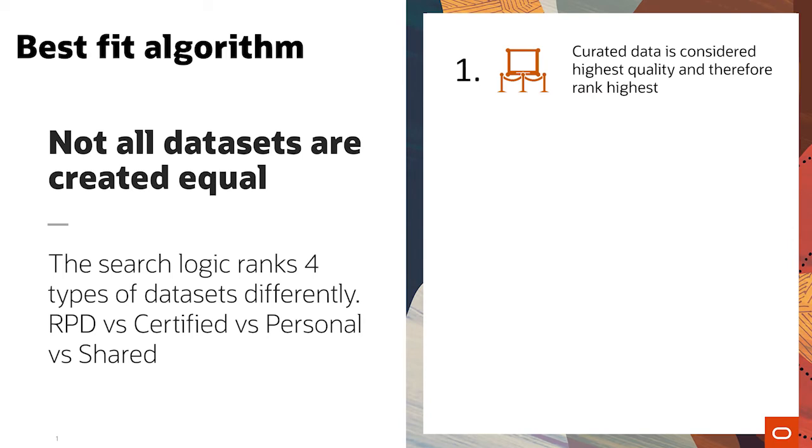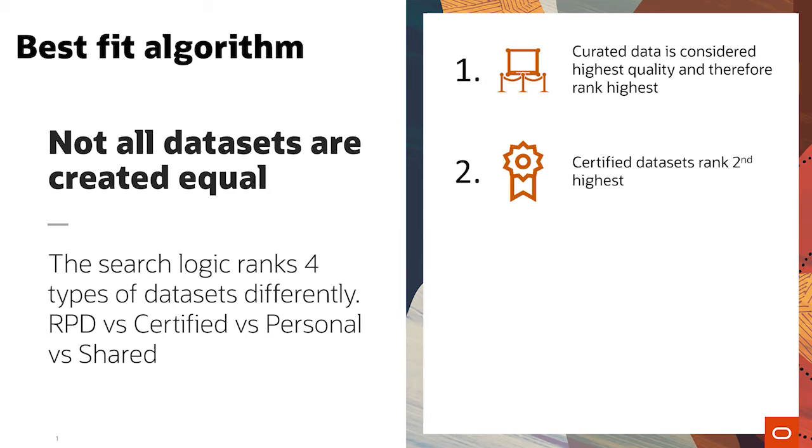We consider subject areas effectively the highest quality data that the Oracle Analytics system delivers to end users, because it's curated, it's verified by a team of IT, it's got security applied to it, and so we think that it's important to consider that when presenting the search results to users.